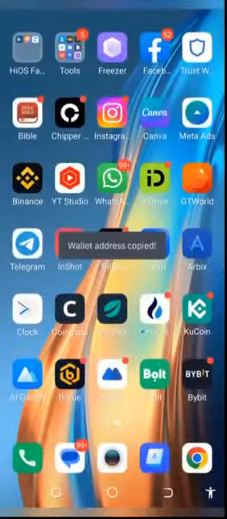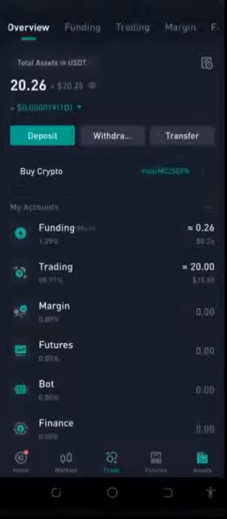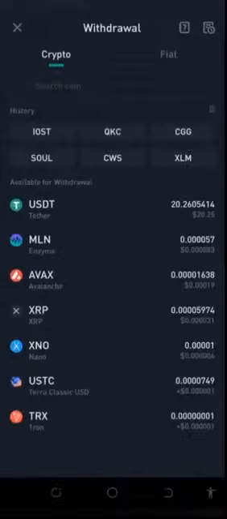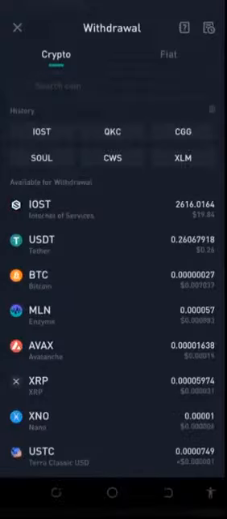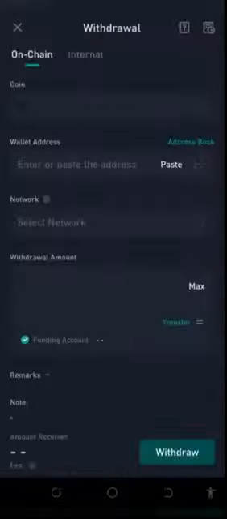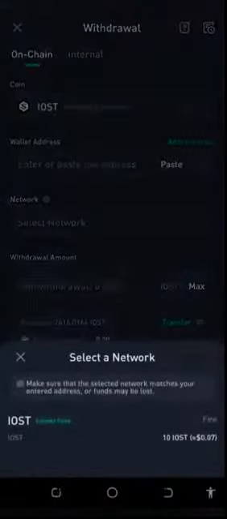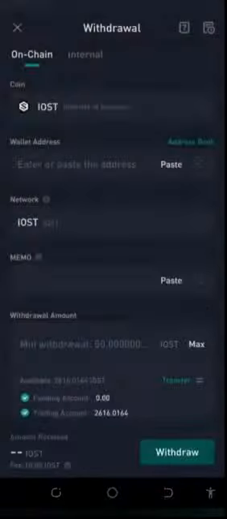And then we quickly go over to our KuCoin where we are going to withdraw. So we're withdrawing that quickly. And the network is IOST. Yes, IOST. Correct. Where's the address?